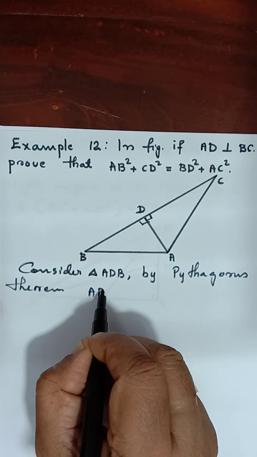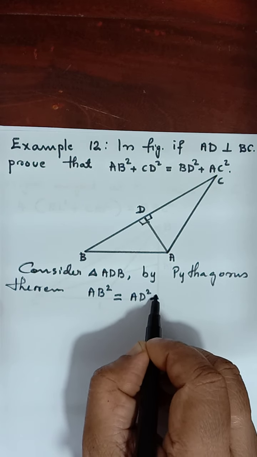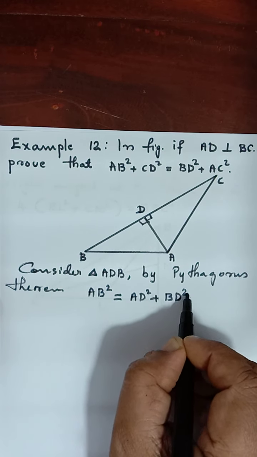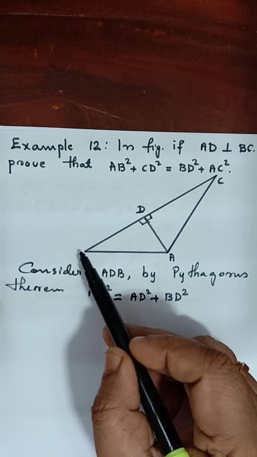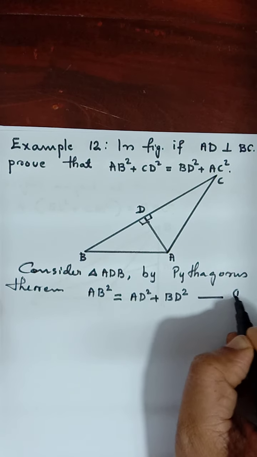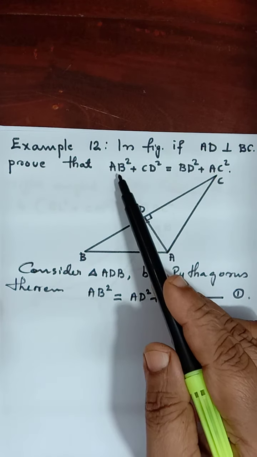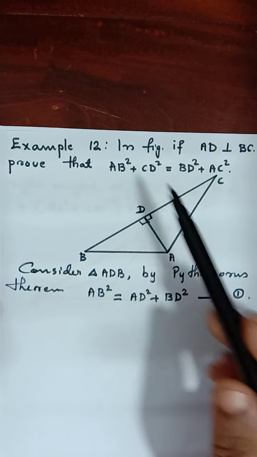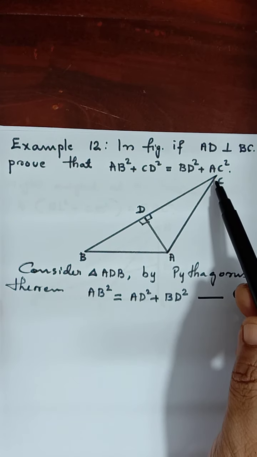AB square is equal to AD square plus BD square. Its parts we have to write. This is the hypotenuse. AB square equal to AD square plus BD square. Okay, this is equation number 1. Here AB square is a part of the left hand side. Similarly, if we consider the next right triangle, we will be getting AC square.